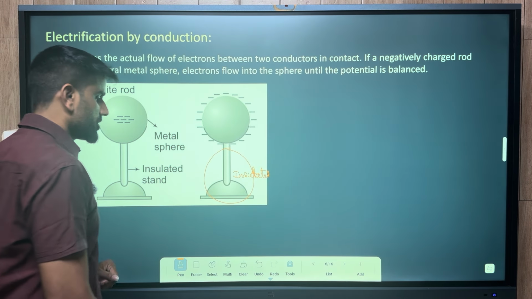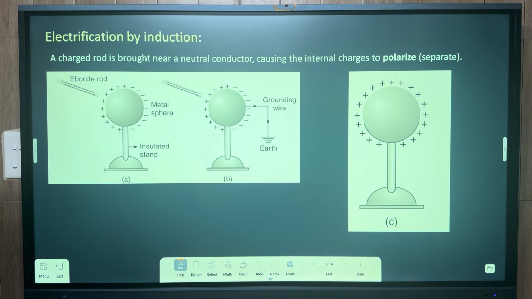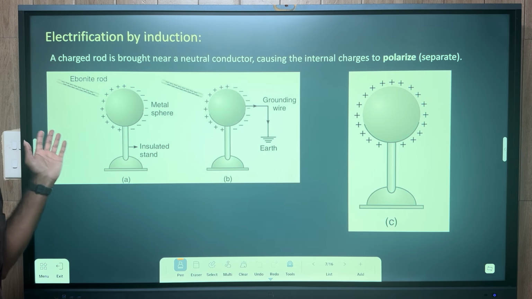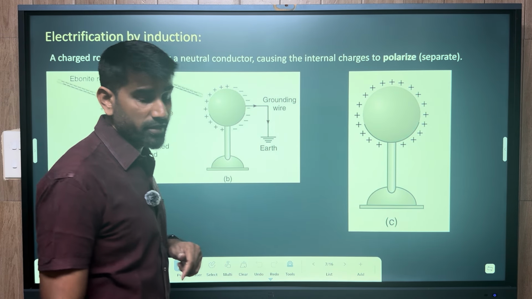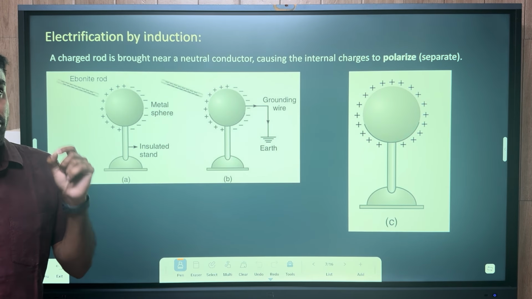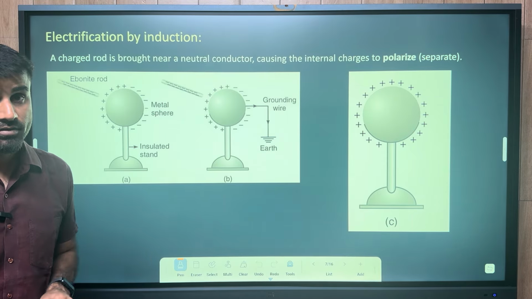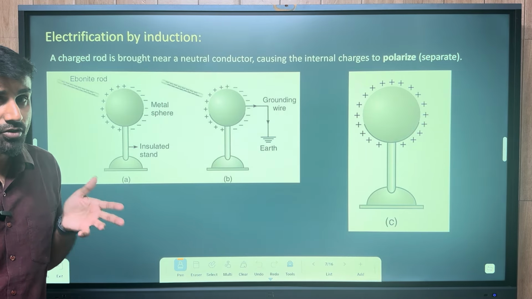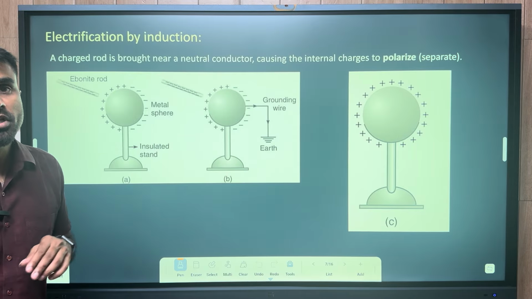Now coming to the next method of electrification, which is induction. Again, I have taken the same system as shown in the earlier slide: the ebonite rod, which has the negative charge. But this time, unlike the earlier case, I did not put the charged ebonite rod in contact with the metal sphere. Rather, I have placed this rod close to the metal sphere, not in contact.